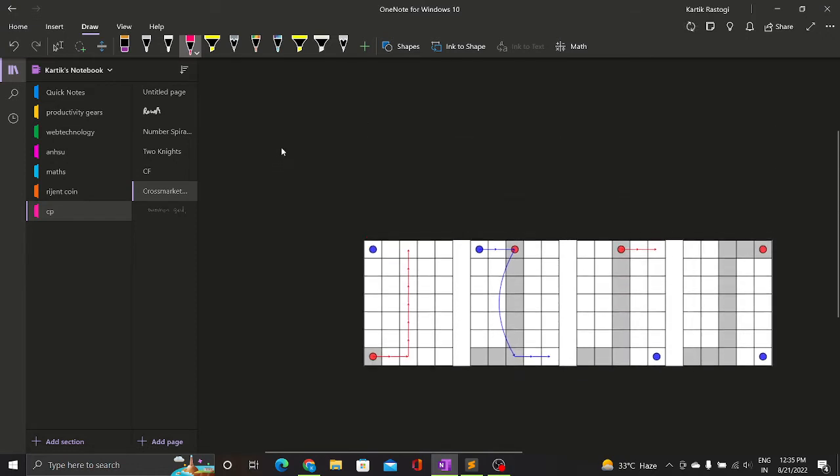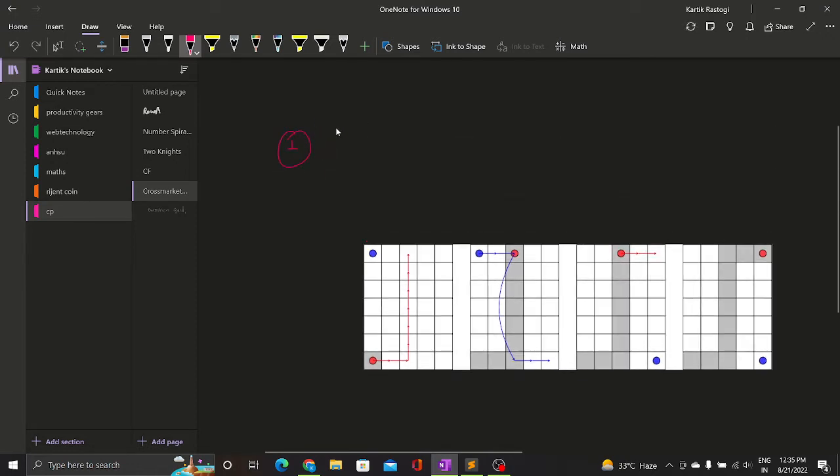The first thing is Stanley's starting position, 1 comma 1, and he will go to n comma m. Whereas Megan's starting position is n comma 1 and she will go till 1 comma m. So Megan will start from here and she has to end here.